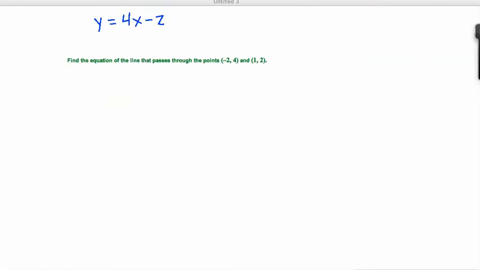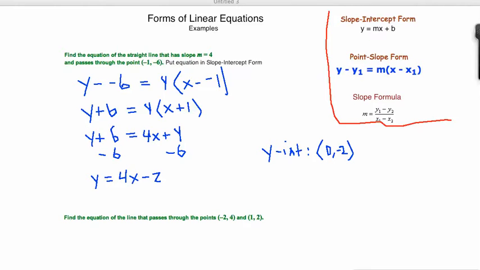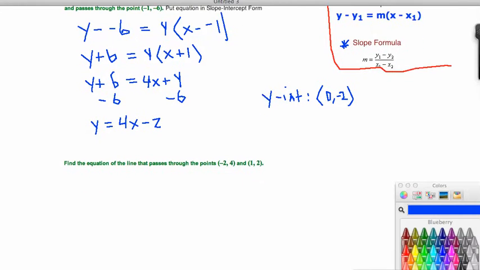Something else that we might be asked is this problem right here, where we're given 2 points. Now the problem here is we don't have a slope. We can't really do much without a slope, so I've provided for you up here the slope formula. So let's find the slope here.